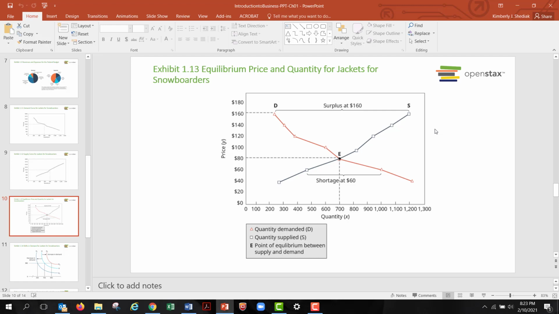So here we're taking that supply curve and that demand curve that we just looked at, and we're seeing where is that sweet spot. So we see that we need to sell 700 items, right? So 700 jackets at a price of $80 per jacket. And this is our equilibrium point.